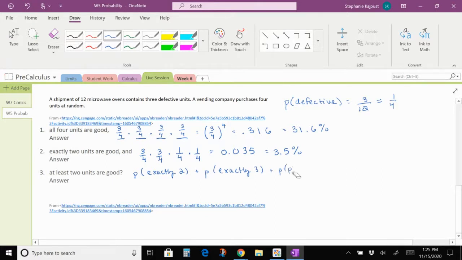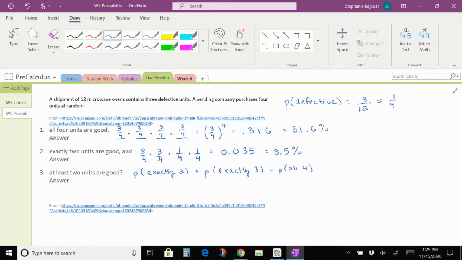So you're adding essentially probabilities here, because at least has multiple possibilities: exactly 2, exactly 3, and then exactly 4.